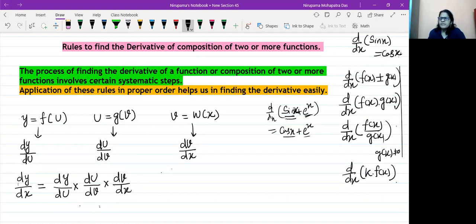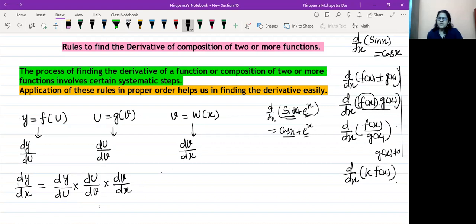Similarly, we can find the derivative of the difference of two functions. We have also studied the derivative of a product of two functions, which we call the product rule of differentiation, and the derivative of a quotient of two functions, which we call the quotient rule of differentiation.